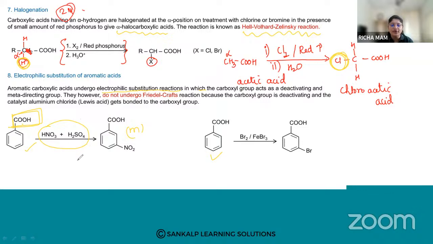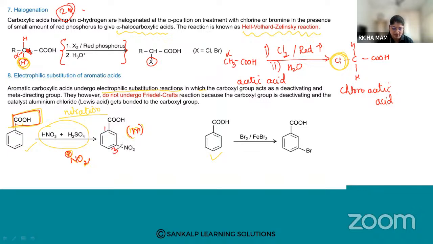Now first we are doing the nitration. What is the nitrating agent? Concentrated HNO3 and concentrated H2SO4. The electrophile generated from this nitrating mixture is the nitronium ion, NO2 plus. Because of the presence of the carboxylic acid, the nitronium ion is directed to the meta position.